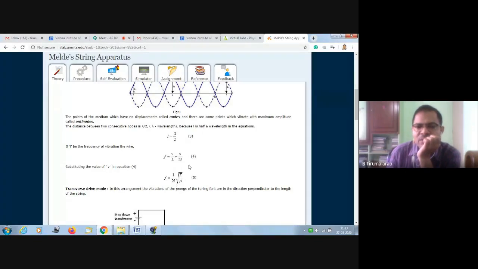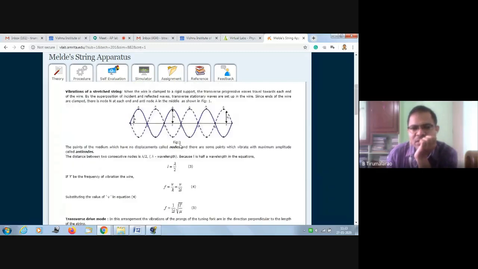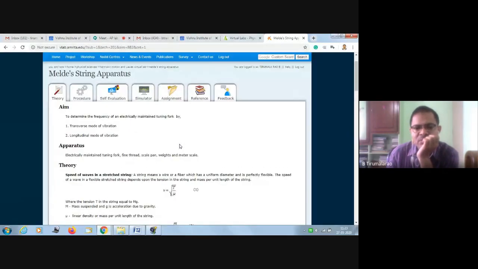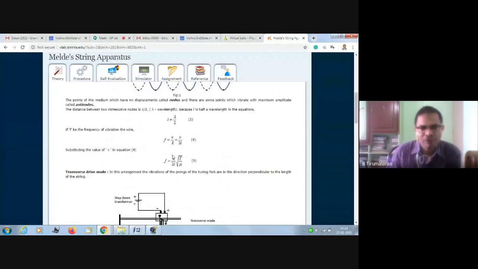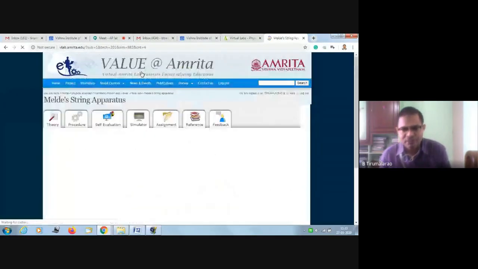T is equal to M into g. What is capital M? Capital M is the mass of the pan plus the total mass applied to the pan. g is 980, always in the CGS system 980. Then we can find out the F value. If you find out, you get the same 60.